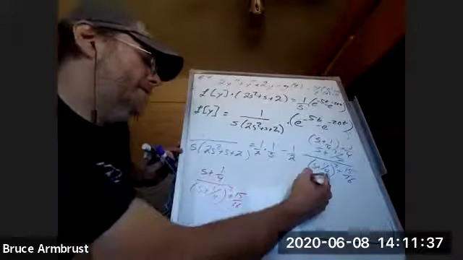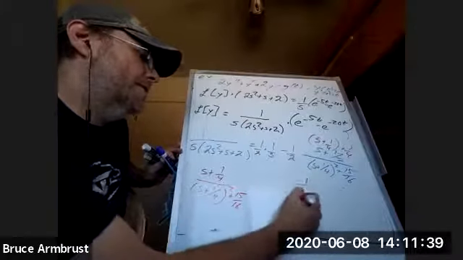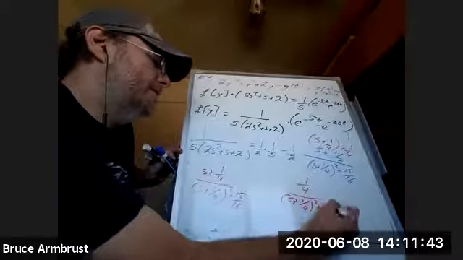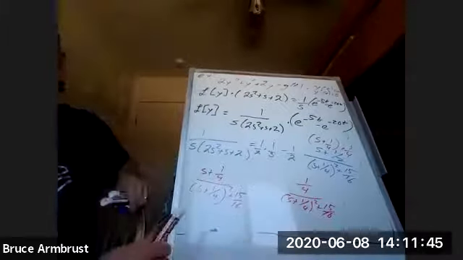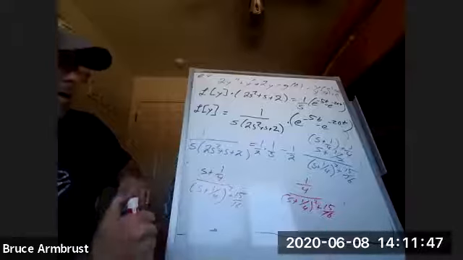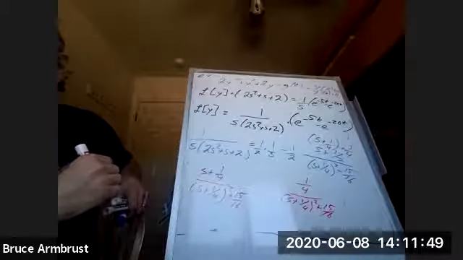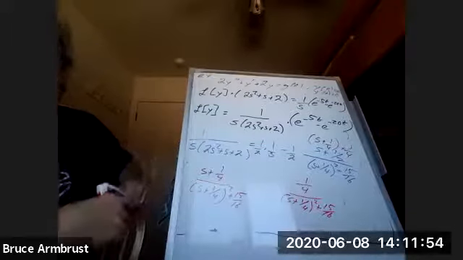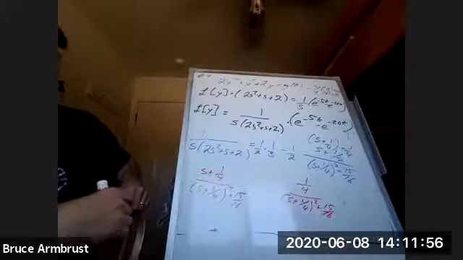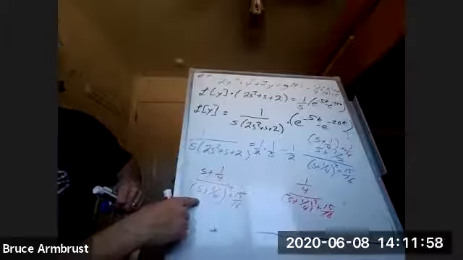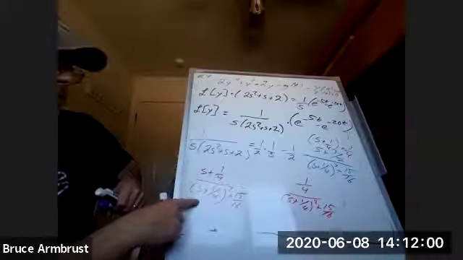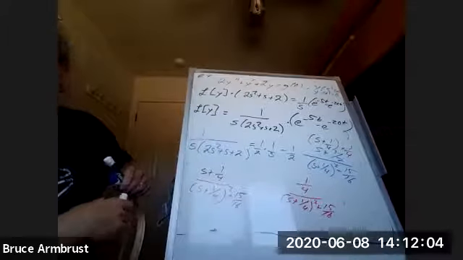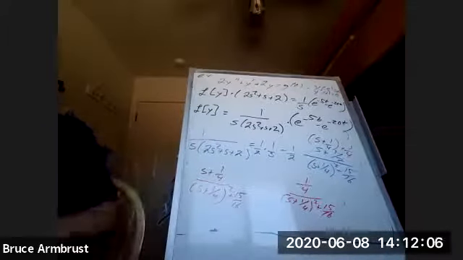The other one is just 1/4 over s plus 1/4 squared plus 15/16. Each of those gives us different forms. The first one gives us an exponential times a cosine. The second gives us an exponential times a sine.